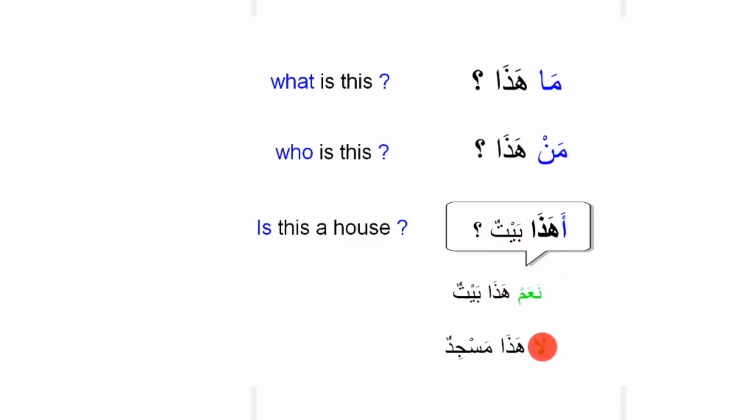To respond in negation, la means no. So I say na'am, haza baytun, yes, this is a house. Or you can say la, haza masjidun, no, this is a masjid instead. I hope that is clear.